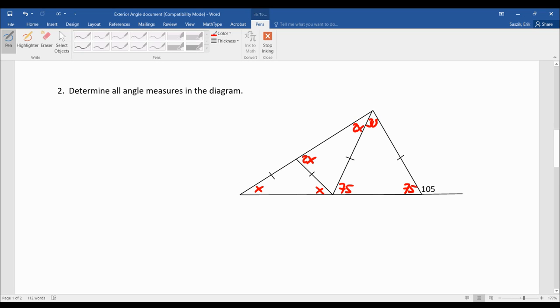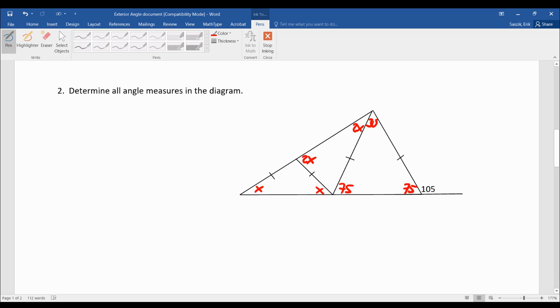So I think you have enough information here now, right? Of course, you know that all of the angles in the triangle add up to 180. So x plus 2x is 3x plus 30 plus 75 equals 180. So you could solve for x now with that.